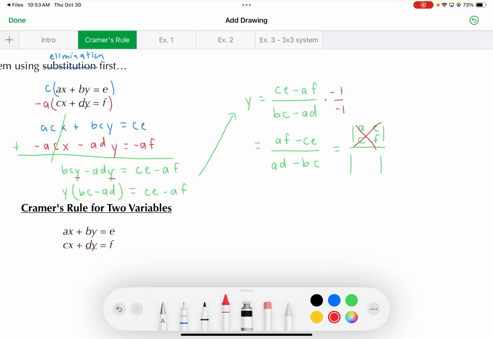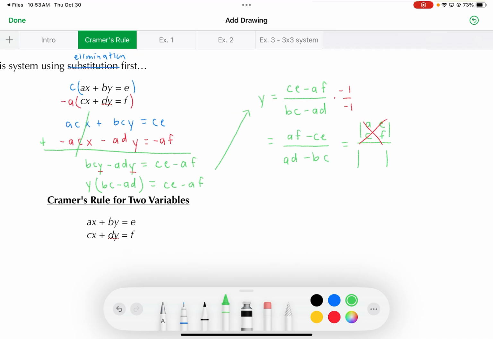AF minus CE. Okay, and then down below, AD minus BC would come from the second order determinant of AB, CD. Right, AD minus BC.